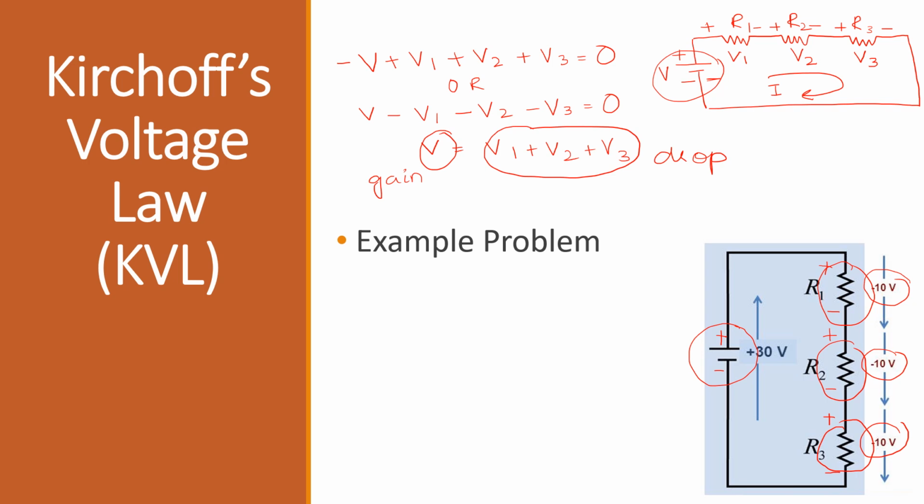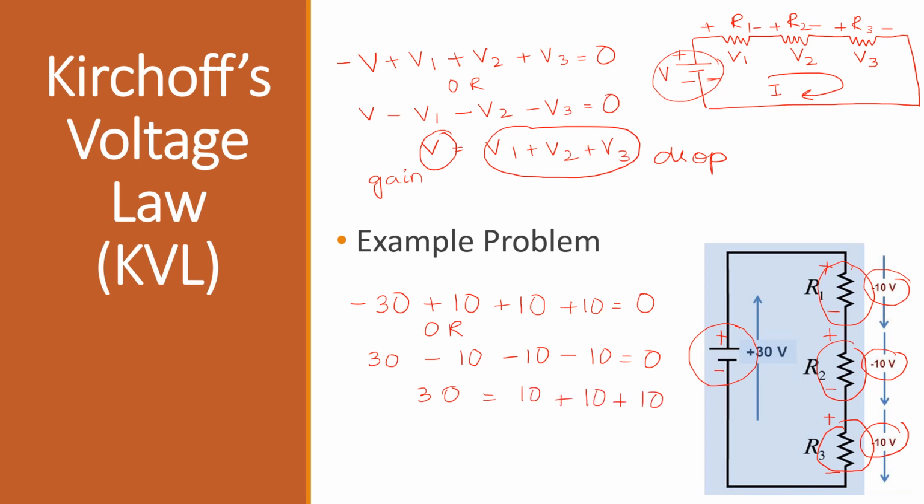Now, we will write the equation as minus 30 plus 10 plus 10 plus 10 equals to 0, or we can write this equation as 30 minus 10 minus 10 minus 10 equals to 0, or 30 equals to 10 plus 10 plus 10, which is further written as 30 equals to 30.